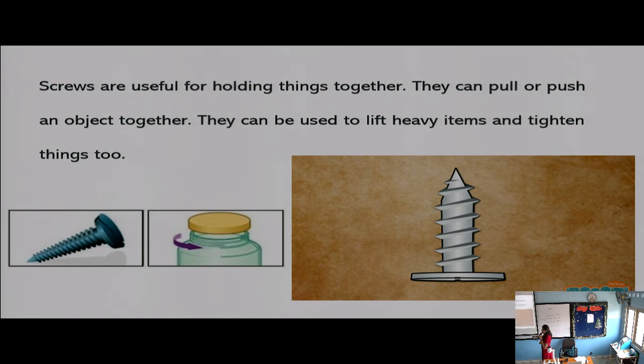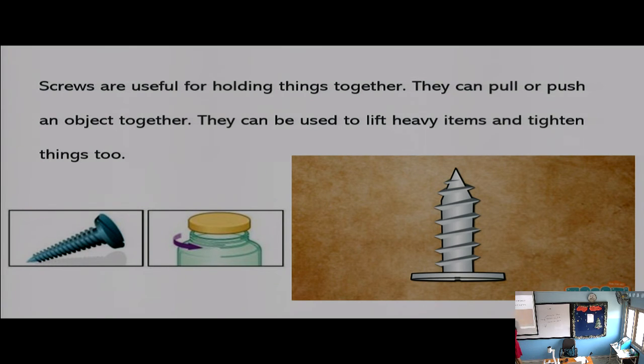Usually, where do you use screws? To the wall. Screws are used to lift heavy items and tighten things.